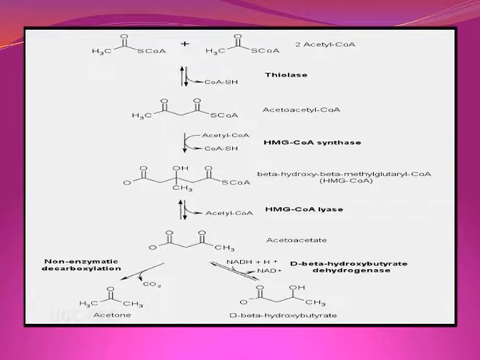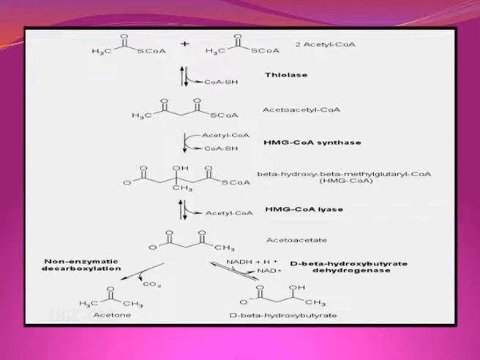This acetoacetate has got 2 alternative fates. It may suffer a non-enzymatic and as a result a slow and spontaneous decarboxylation to yield the second ketone body, which is the acetone.